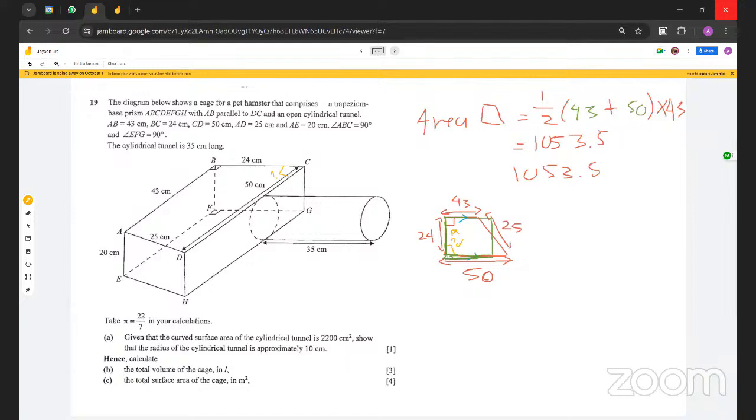Yeah, that's the mid, right? The mid is 46.5. Okay, so 46.5 times what? 46.5 times 24. Yes, I was waiting for you to say 24. Do you understand? Do that, you get the rectangle. Now you get the area of the trapezium already.